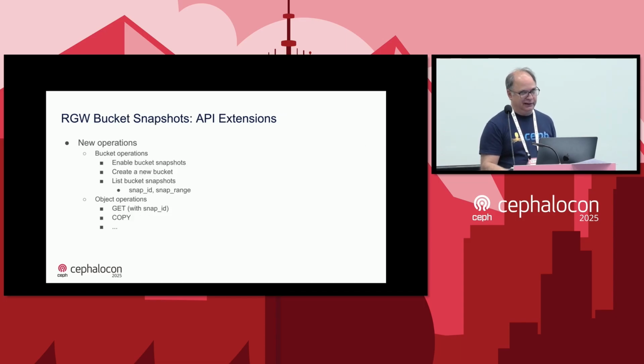There are currently Boto extensions that support the API changes that I introduced. The API extensions are operations to enable bucket snapshots, create, and list all the bucket snapshots.